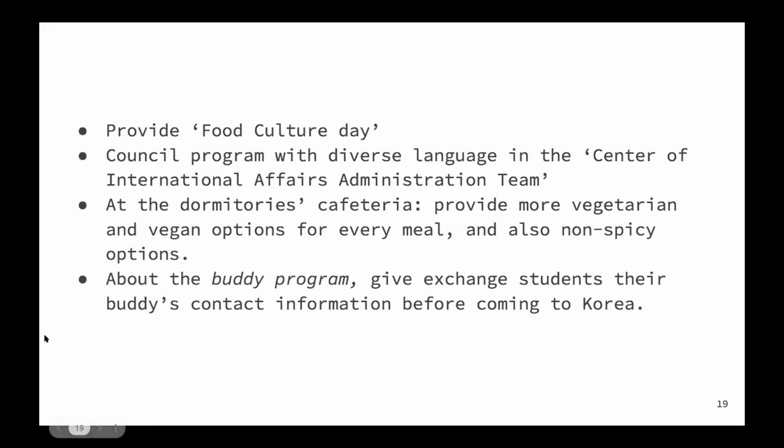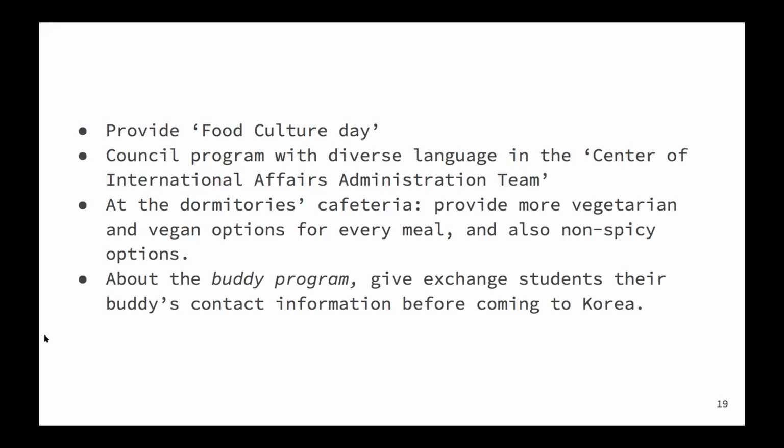Now, with the results, we found that there were a lot of students who had issues with the food, and there are a lot of international students who eat at the dormitory's cafeteria. So that's why this proposal is about providing more vegetarian and vegan options for every meal, as well as non-spicy options. Also related to the buddy program that we talked about earlier, I'm going to remind you a little bit about what it is.